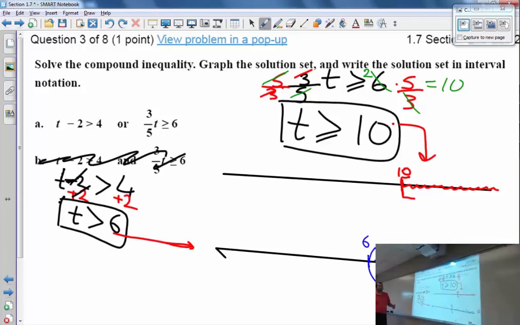What's the meaning of "or" now? You take the red numbers and the blue numbers. Or means union, or unite. You're going to combine them. Just think of these as classrooms.